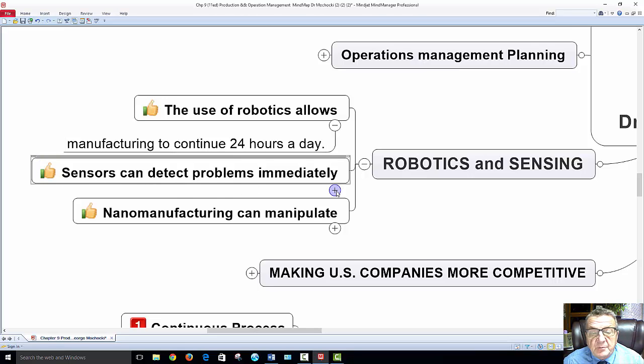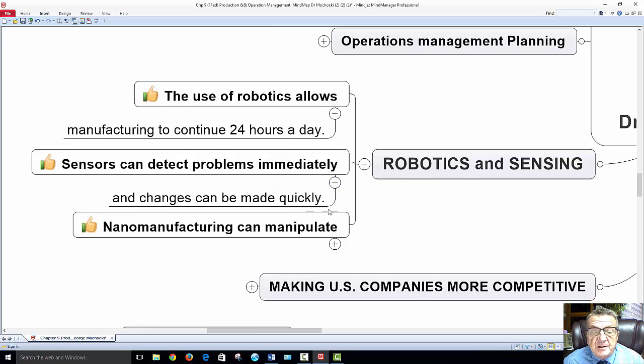Sensors can detect problems immediately and changes can be made quickly. I would like to know if my car sensor says it's overheating, and it finds water from a reserve or redirects something so I can drive the next 50 miles until it's repaired. You already see sensors letting you know when your tires are low.